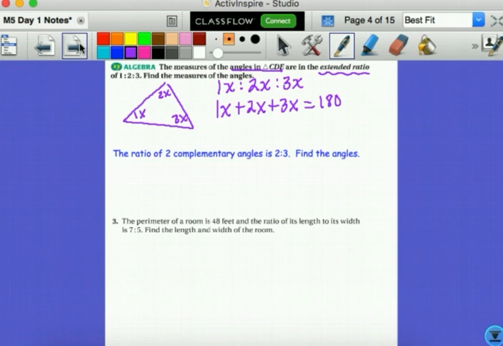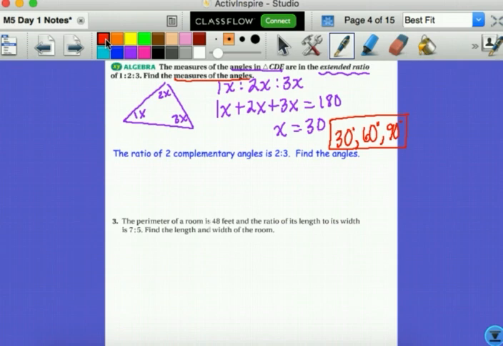That's really 6x should equal 180. So 180 divided by 6 tells me that x is 30. Now notice here, we're looking for the measures of the angles. So now I need to go back. 1x would be 30 degrees, 2x would be 60 degrees, and 3x would be 90 degrees. Again, I would recommend that you try the next two on your own and then come back and check.